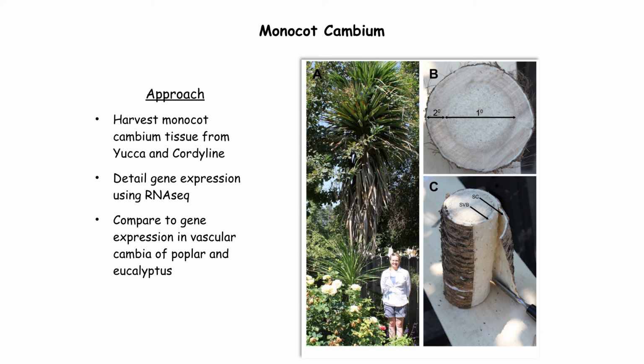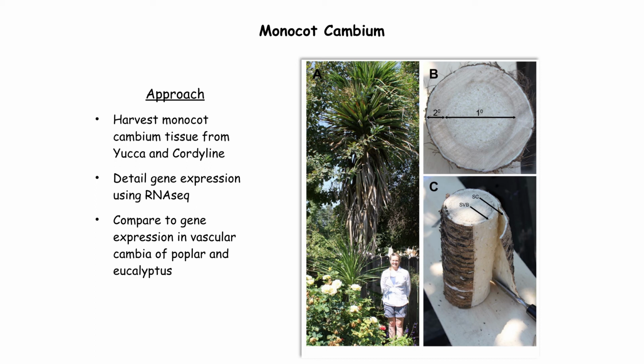This is actually one of the plants that we use. This is a Cordyline tree, which was actually in our backyard, and this is Suzanne here acting as a scale bar. We cut this tree down, and this is a chainsaw cross-section here.